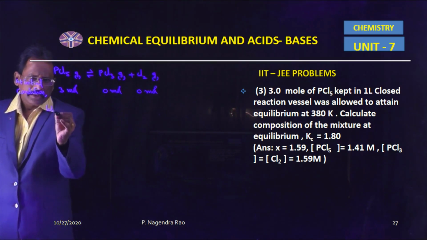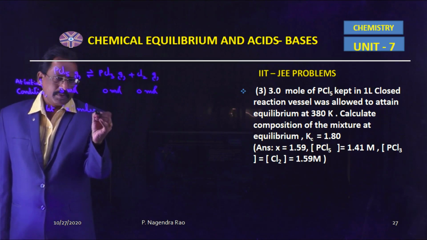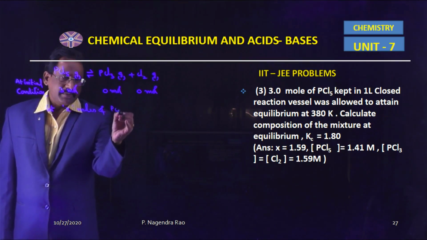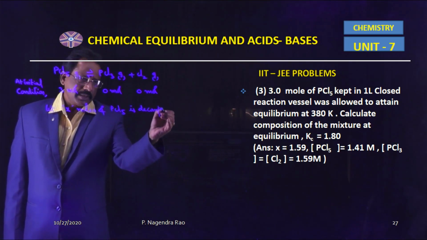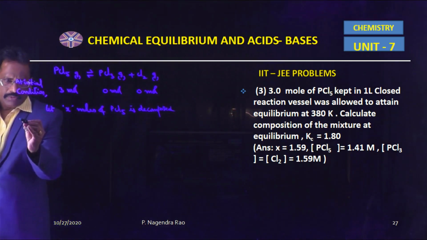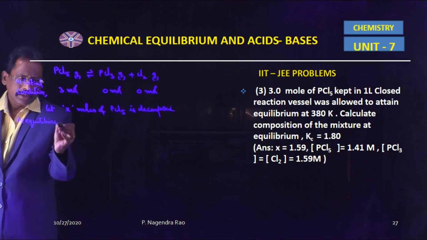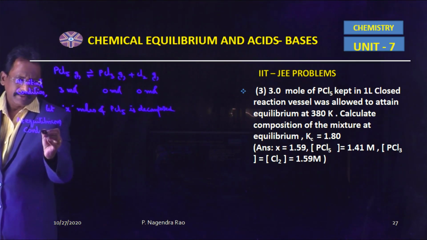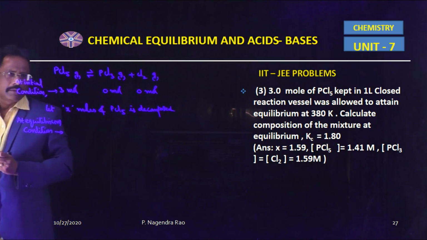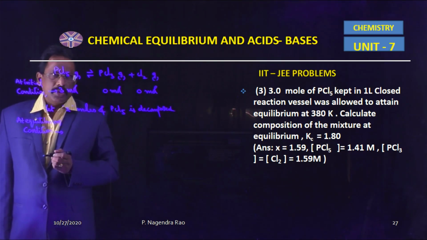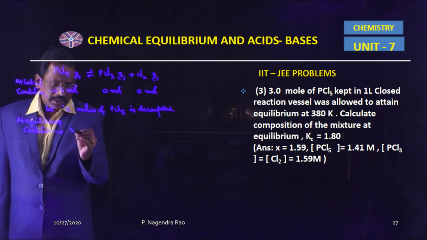Let x moles of PCl5 be decomposed. Now at equilibrium condition, the number of moles of PCl5 remaining in that closed vessel is 3 minus x.